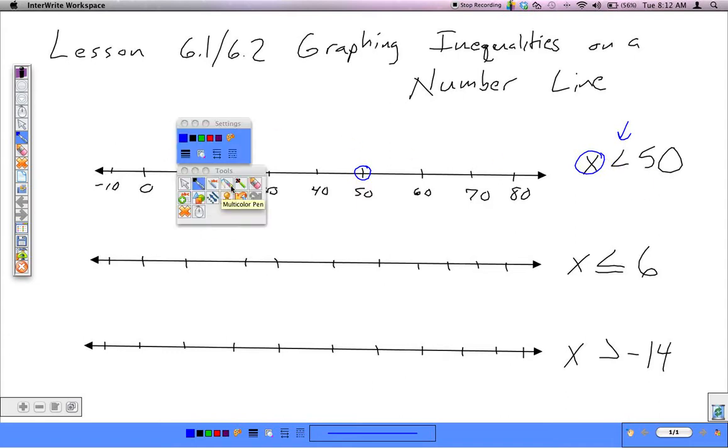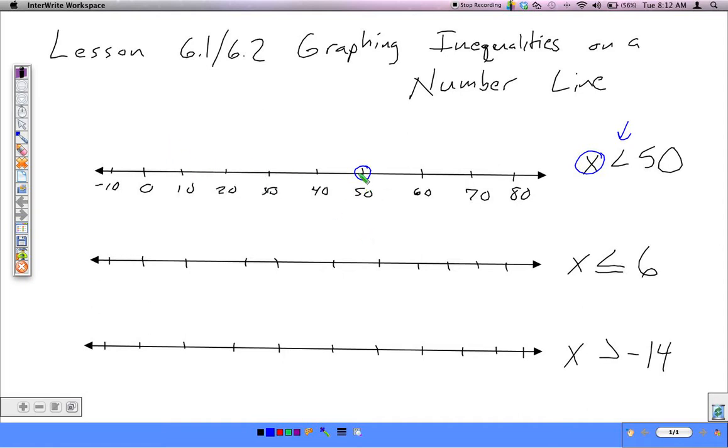So whenever I shade this, I need to shade to the left because those are all the numbers that are less than 50. And that's what I'm representing on the number line. Okay, make sure you highlight your arrow on the end saying that that goes on forever and ever and ever.